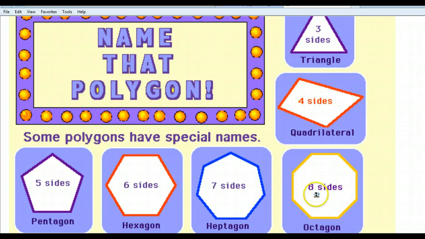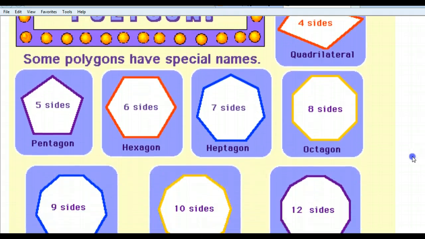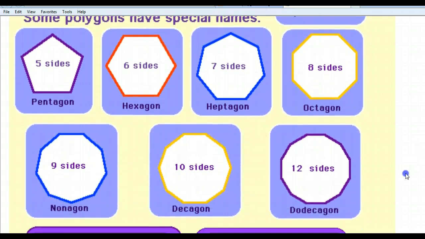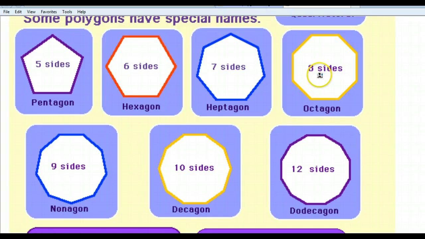An 8-sided shape is an octagon. Most of you know octagon, maybe because of things like octopus. And you know octopus has 8 arms. A 9-sided shape is called a nonagon. A 10-sided shape is called a decagon. I'm hoping you can be familiar with deca.